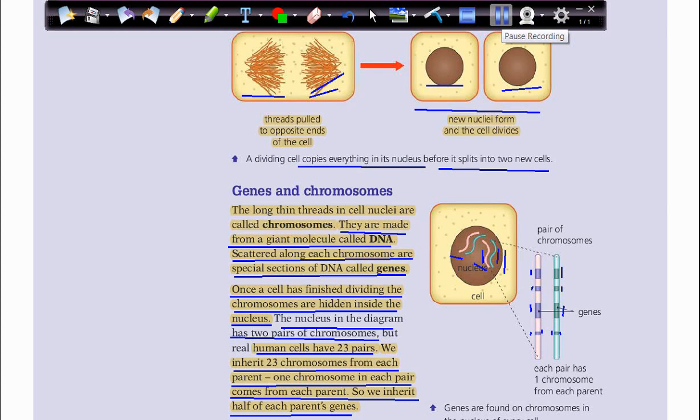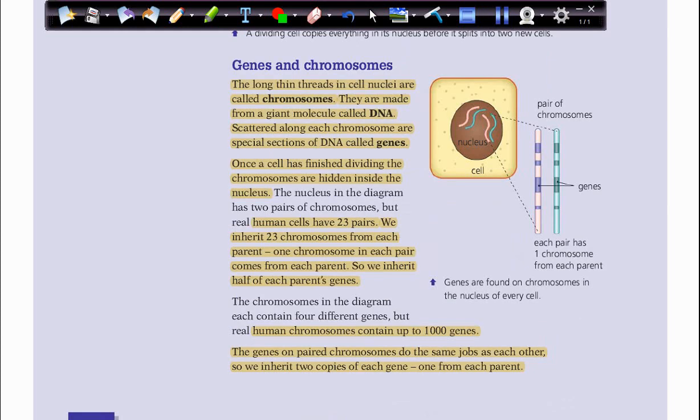So, as we said, this is the reason why the offspring, or the new generation, will gain half of the characteristics from the mother and half of the characteristics from the father. The chromosomes in the diagram each contain 4 different genes. Here we have 1, 2, 3, 4, okay?